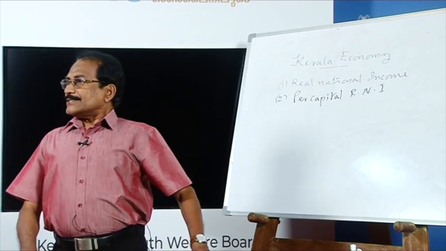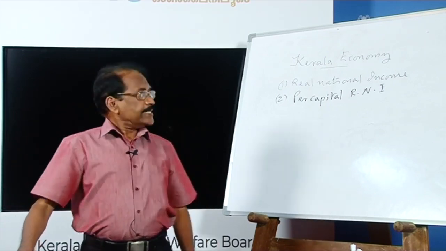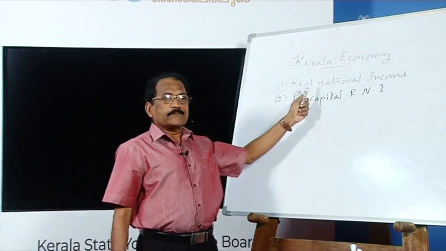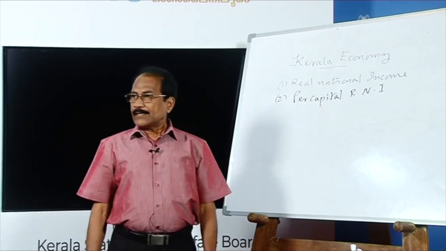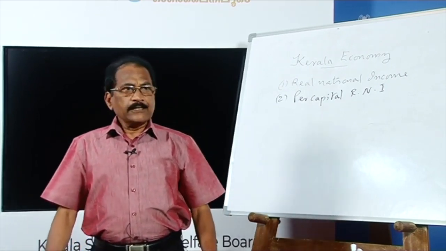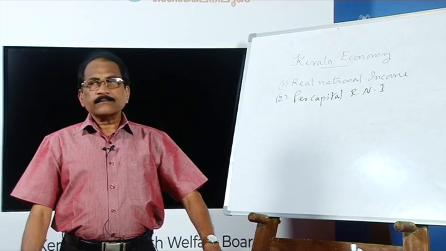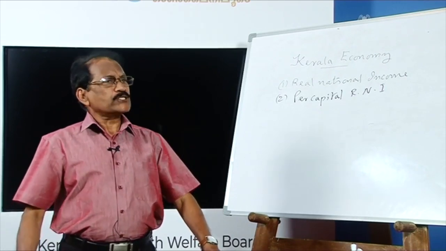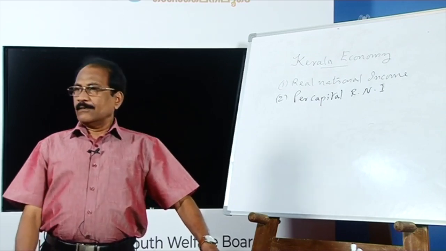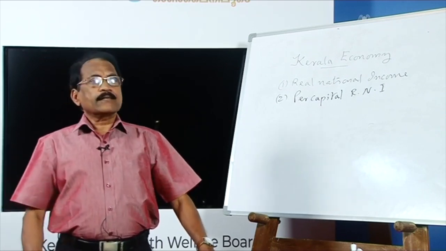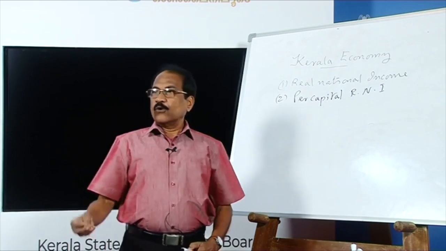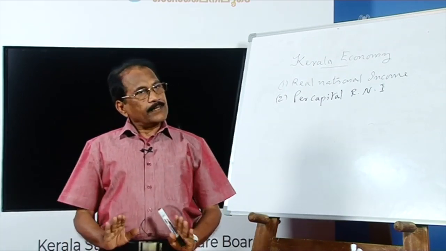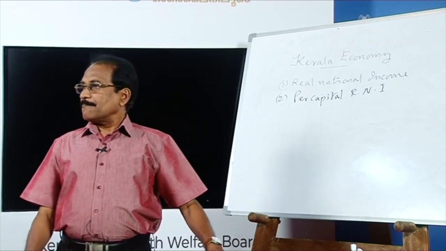Subsequently, writers are of the opinion that the earlier real national income criterion or per capita real national income criterion are mono criterions, single aspect based criterions. Only one aspect, real national income increase or per capita real national income, is taken, and nothing else is considered.